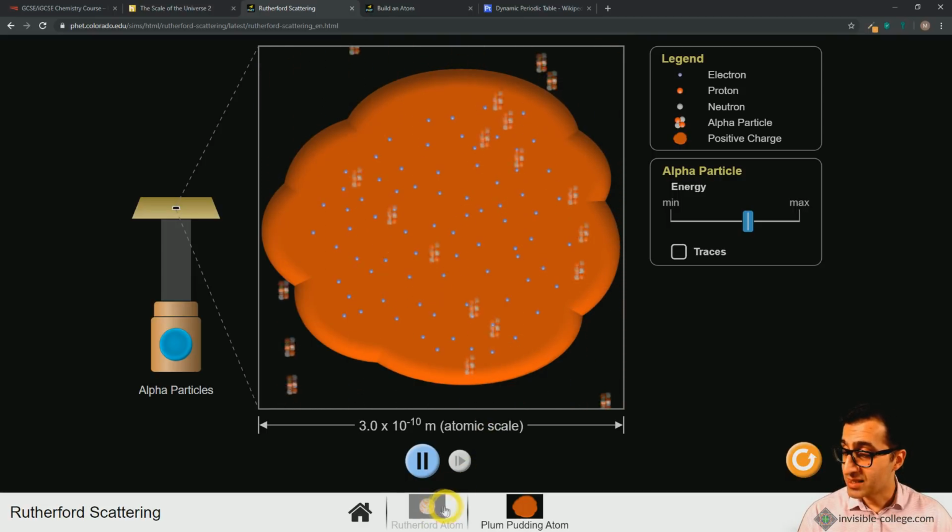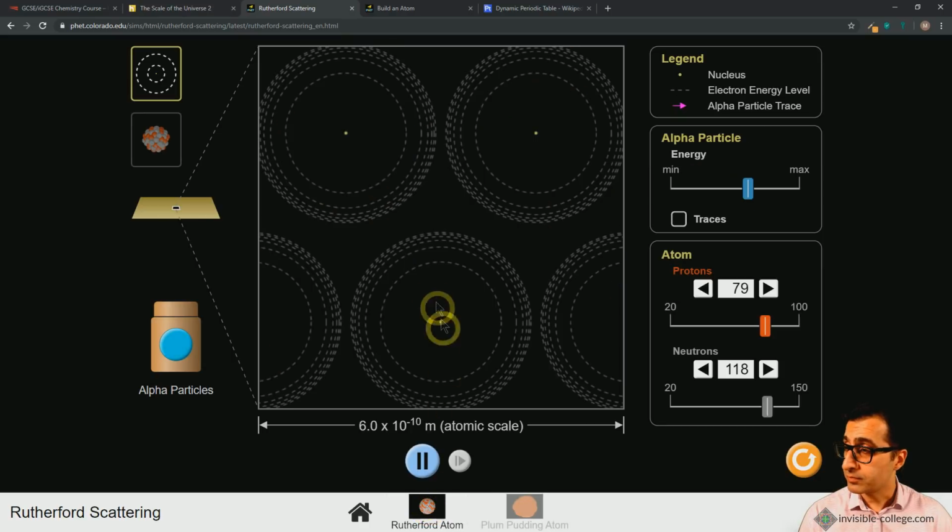However, the Rutherford model of the atom is that you have small, dense nuclei containing most of the mass of the atom, and also the positive charges, as we'll see, the protons in an atom are all concentrated in the nucleus. Now again, alpha particles themselves are positively charged.